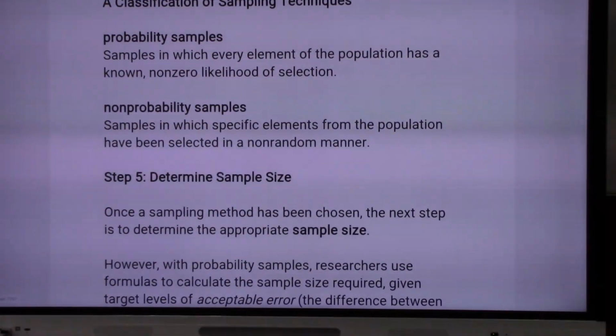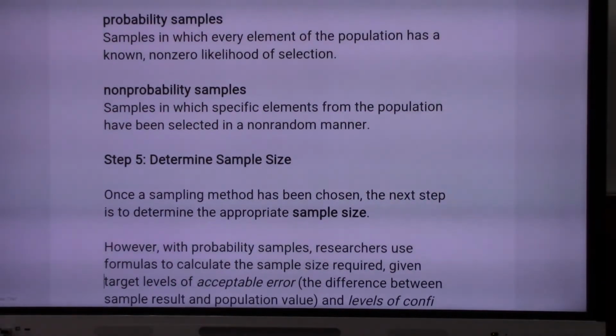The fifth step in the sampling process is determining sample size. Once a sampling method has been chosen, the next step is to determine the appropriate sample size.